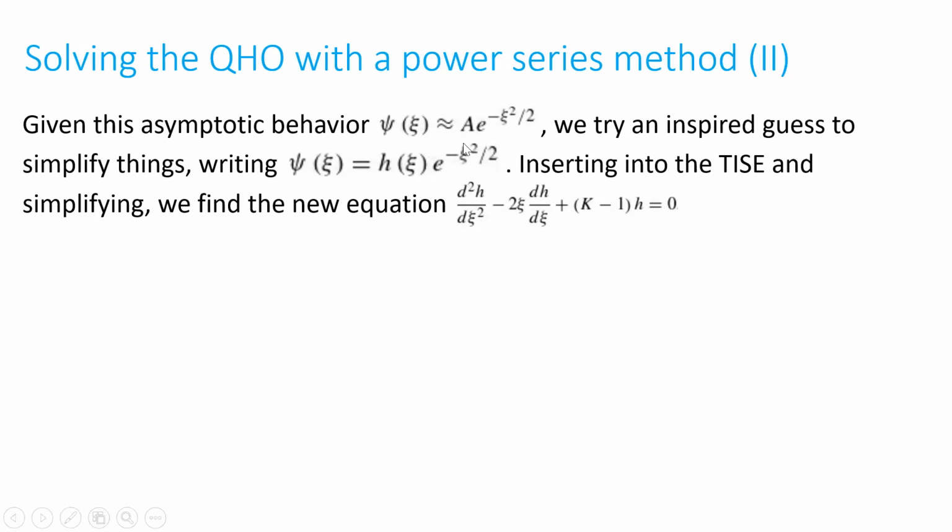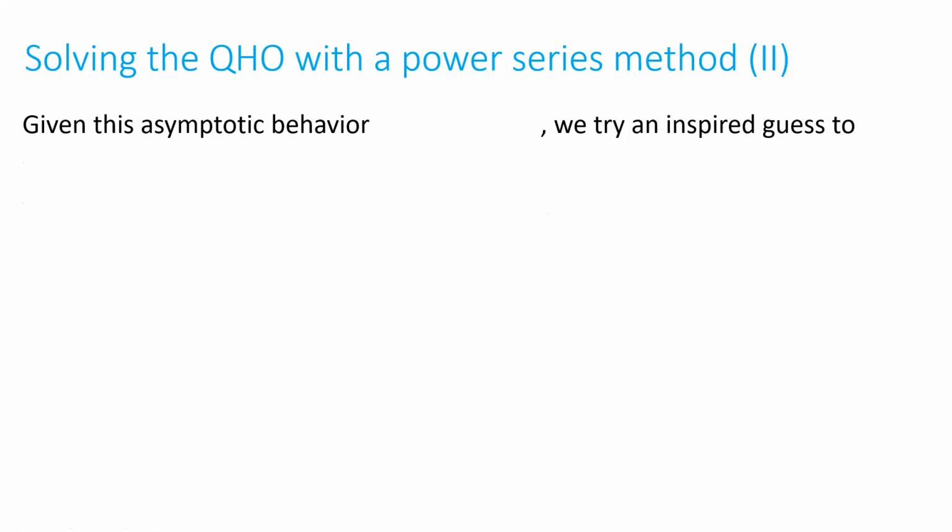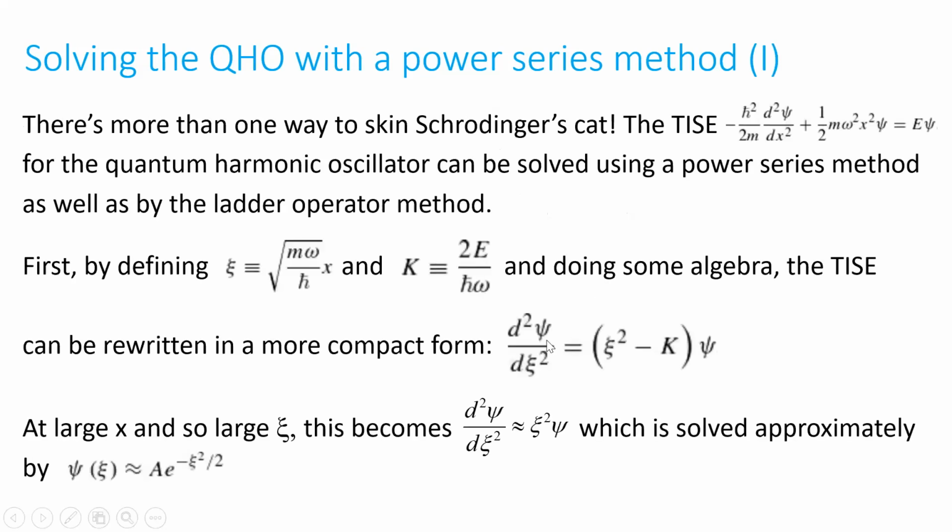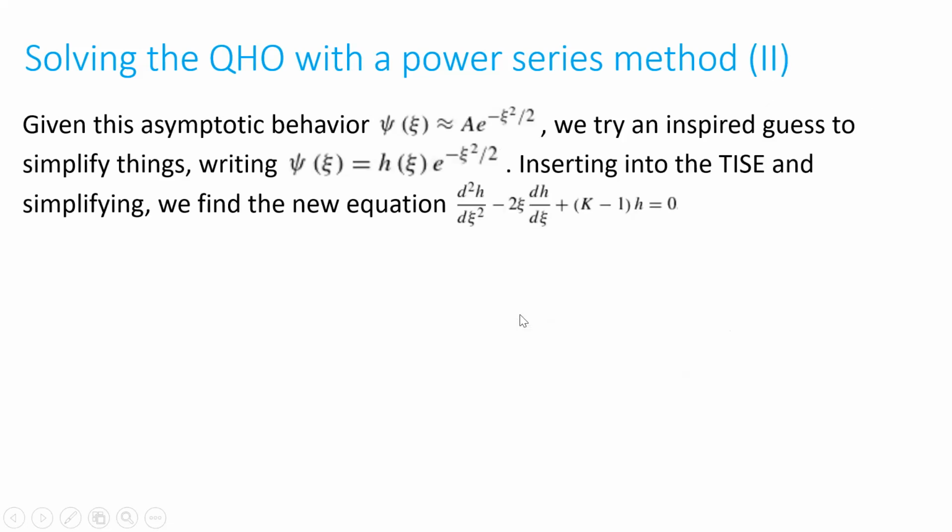So if we take this new expression, h times e to the minus c squared over 2, and insert it back into the time-independent Schrodinger equation, and simplify things, we get a new equation involving only this h, this part that we've separated out from the e to the minus c squared over 2.